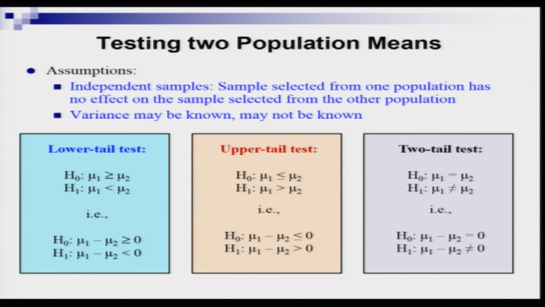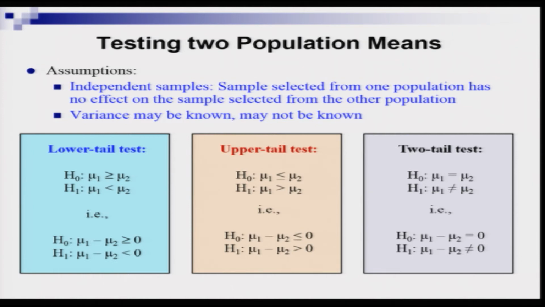But you can rewrite this null and alternative hypothesis in a similar manner by putting 0 on the right hand side, and as the alternative hypothesis has the greater than inequality sign, then we know that we have to conduct an upper tail test here.